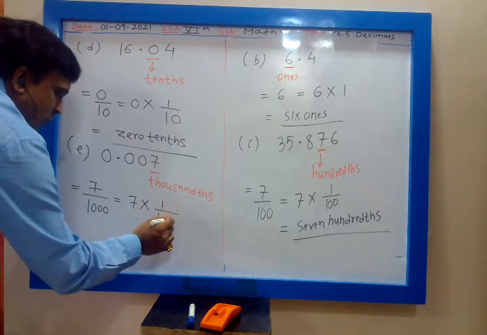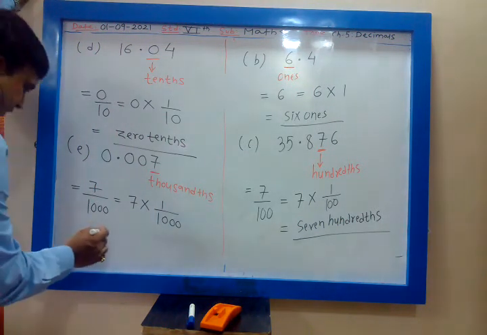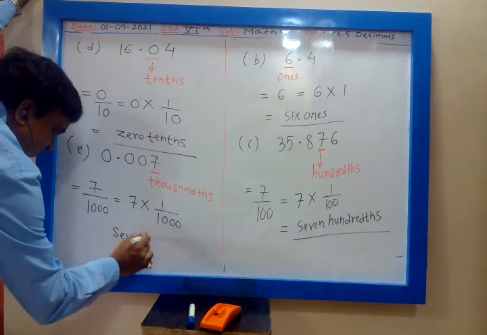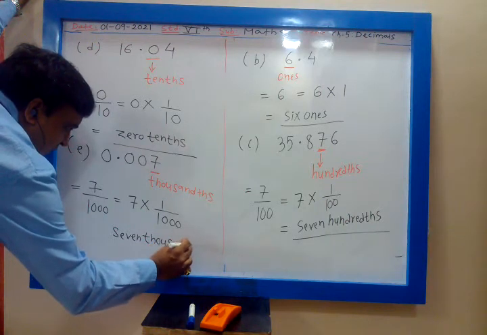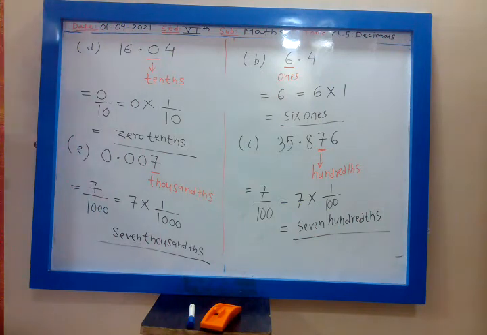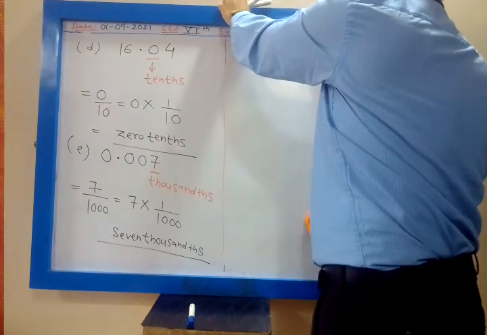So what will you read this as? 7 thousandths. Yes, is everything clear to everybody?